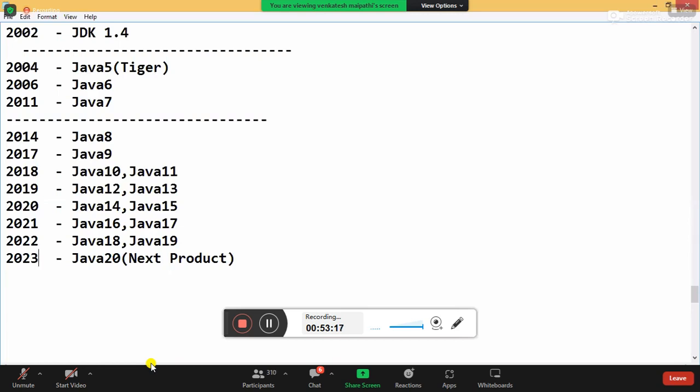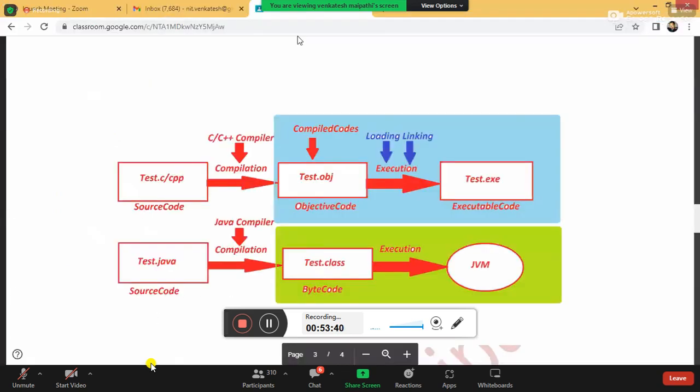We are expecting next March, we are expecting Java 20. So the current product available is Java 19, available in the market from Oracle Corporation for download.